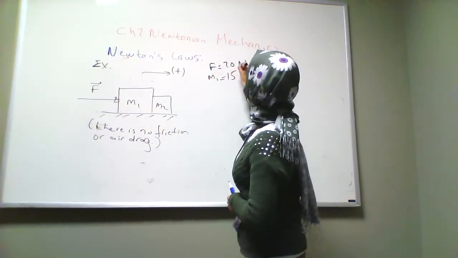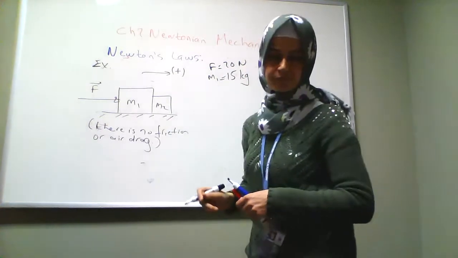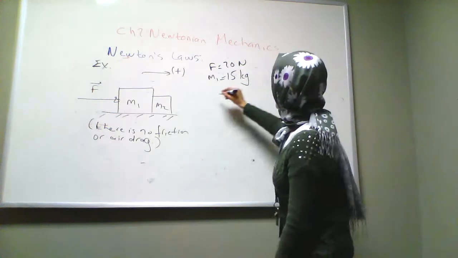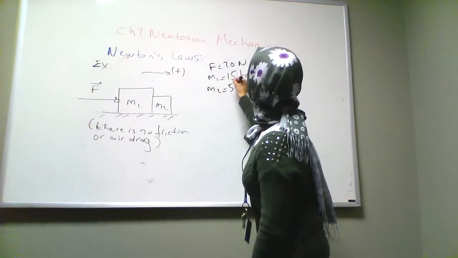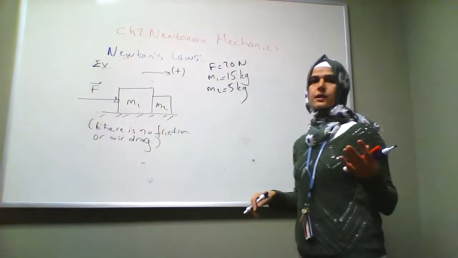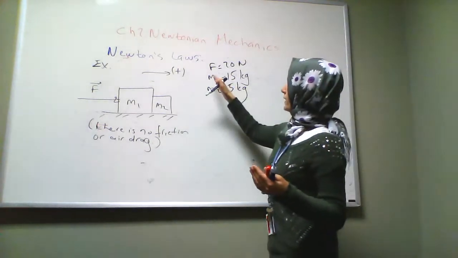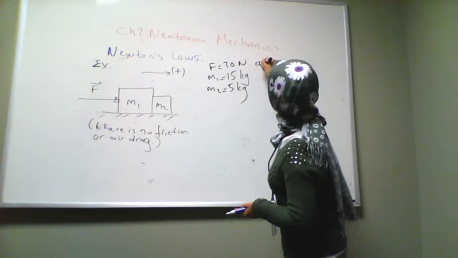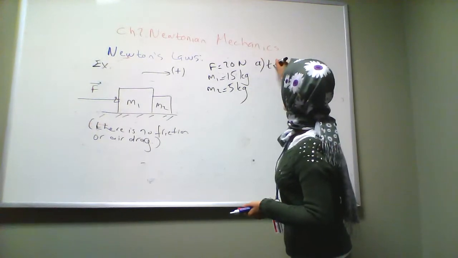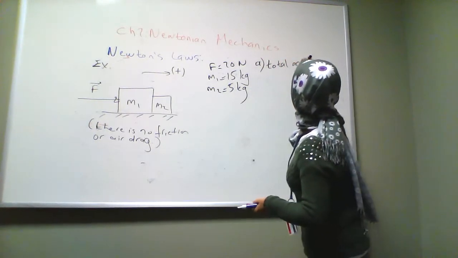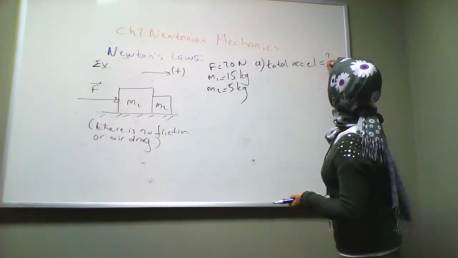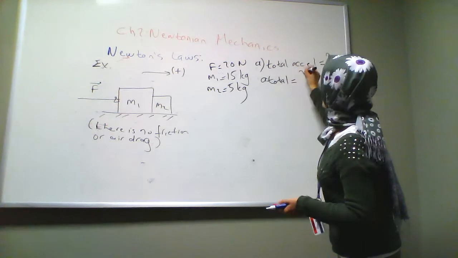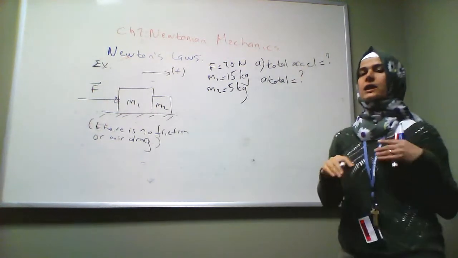M1 is equal to 15 kilogram, and M2, 5 kilogram. A, what is the total acceleration of the system? So A total is equal to question mark. I can also call this A.